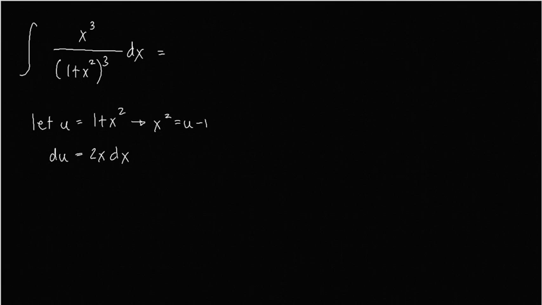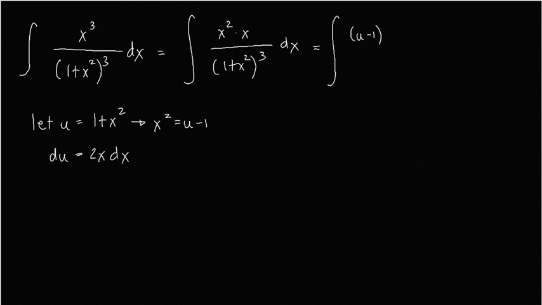Before substituting here, we can write this x cubed as x squared times x divided by 1 plus x squared cubed dx. Why is it? Because yung x squared, we will replace it by u minus 1. And then yung x dx will come from here sa du over 2.